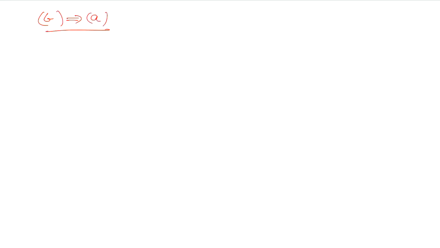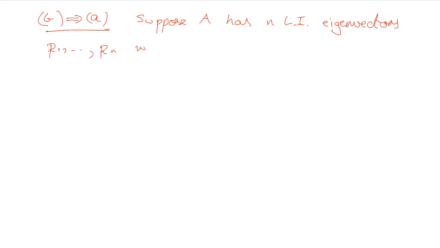So now our ingredients are that we have n independent eigenvectors. So suppose A has n independent eigenvectors. Let's give them names, call them P1 up to Pn. And they've got some associated eigenvalues with them.